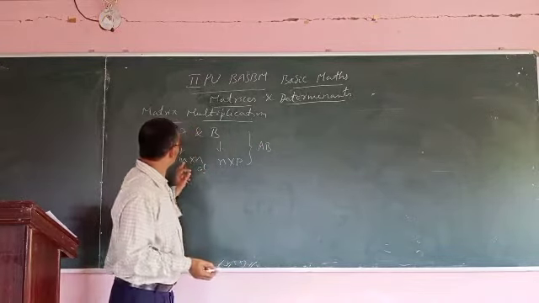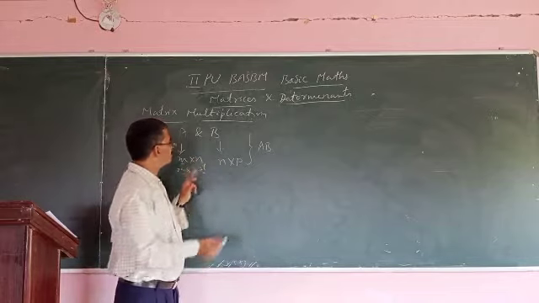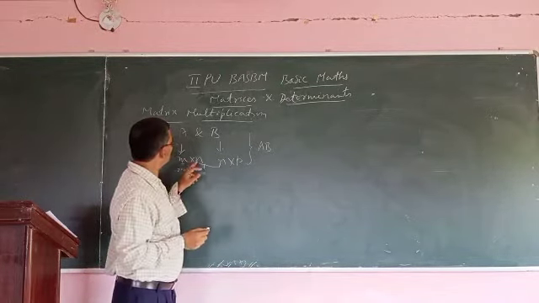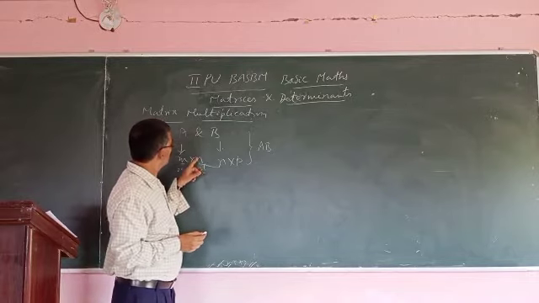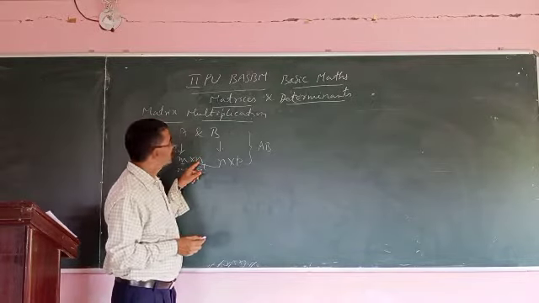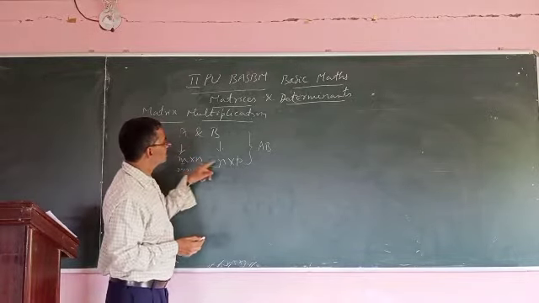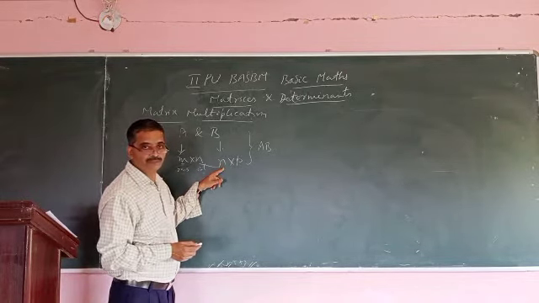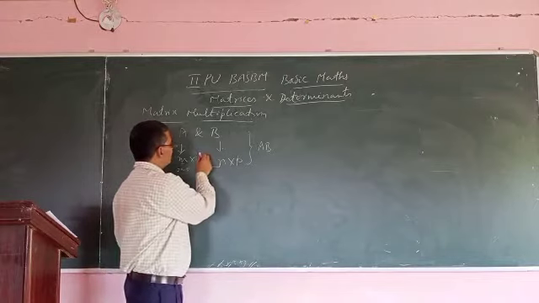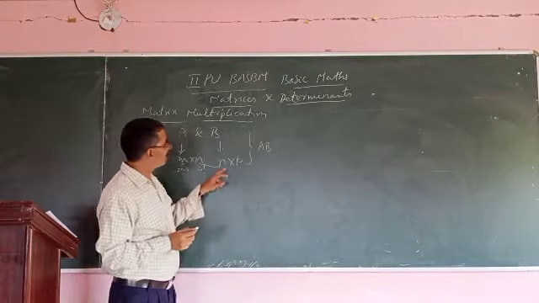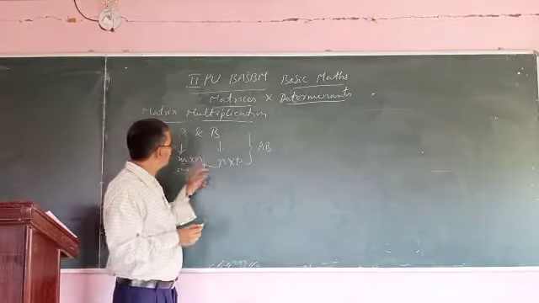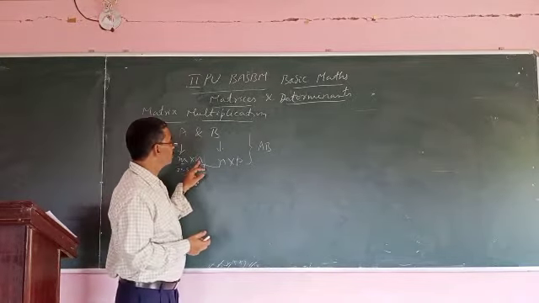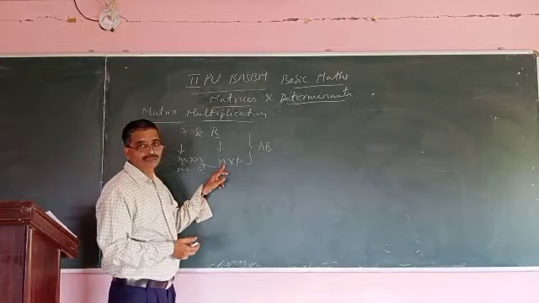So if it is of order m cross n and n cross p, observe here: the number of columns in the first matrix should be equal to the number of rows in the second matrix. Whatever value n is here, the same value should be there, where m and p are positive integers. So if n equals 2, here also you should have 2 only.